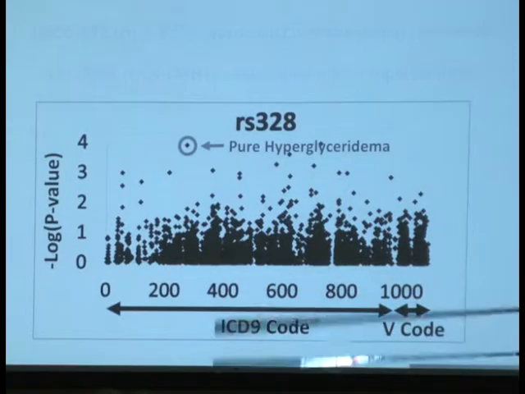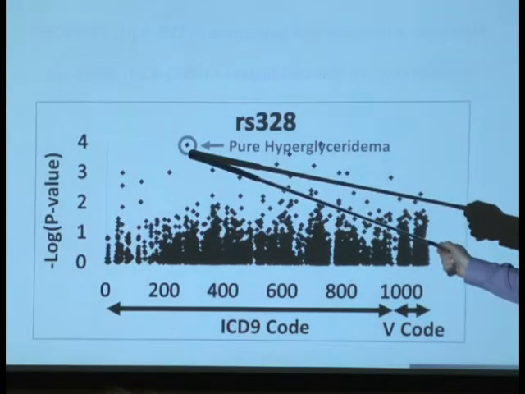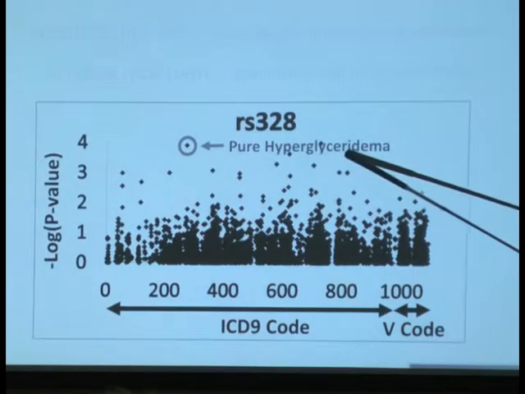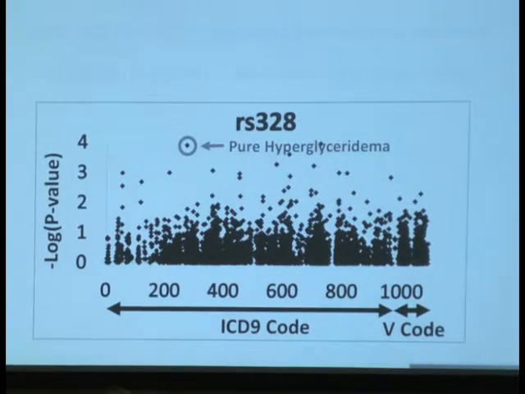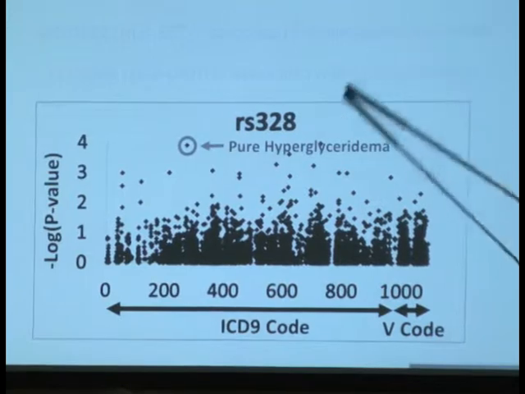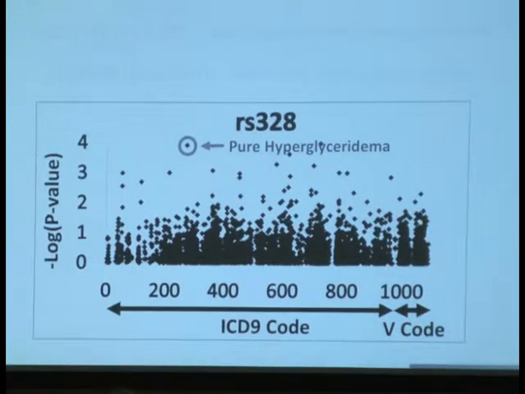Now, when we measure this genetic variant within the 4,300 individuals within the Personalized Medicine Research Project, and then try to link it to the 4,800 conditions, the ICD-9 code that defines pure hypertriglyceridemia is one of the most statistically significant linkages that we identified. So again, something that's known to be associated with triglyceride levels is associated with pure hypertriglyceridemia, which makes sense.